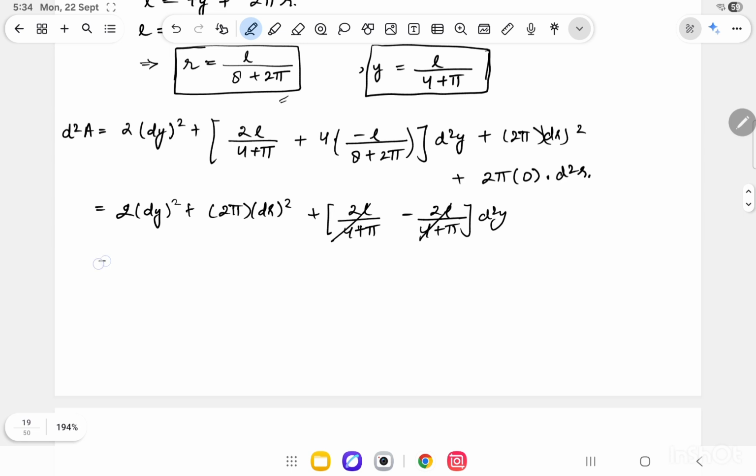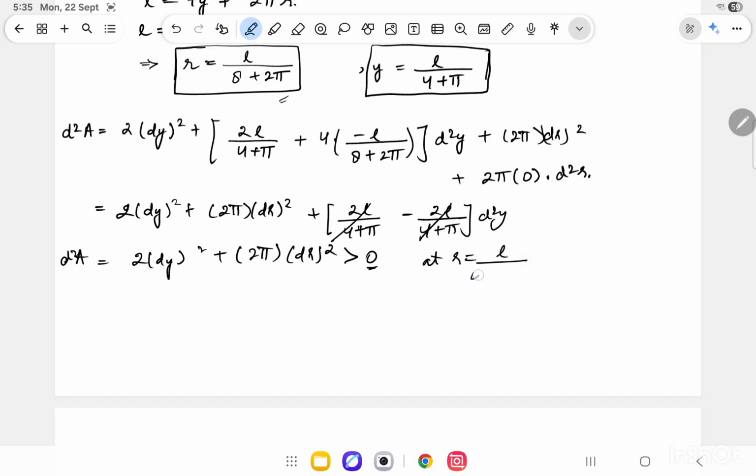So d square A is basically 2 dy square plus 2 pi into dr square, and this is greater than 0 at r equals L divided by 8 plus 2 pi and y equals L divided by 4 plus pi.